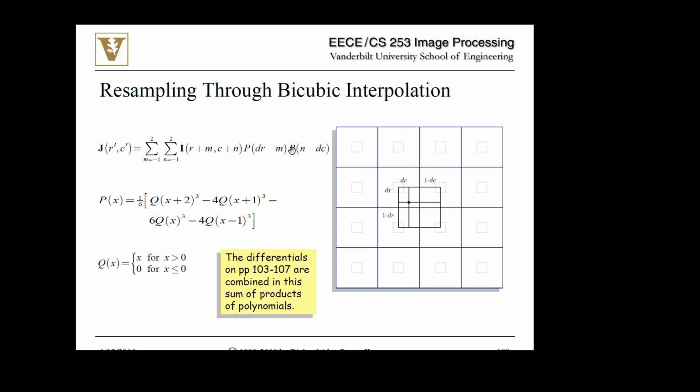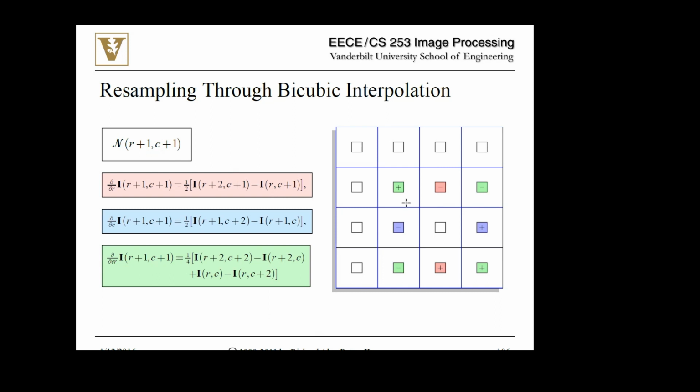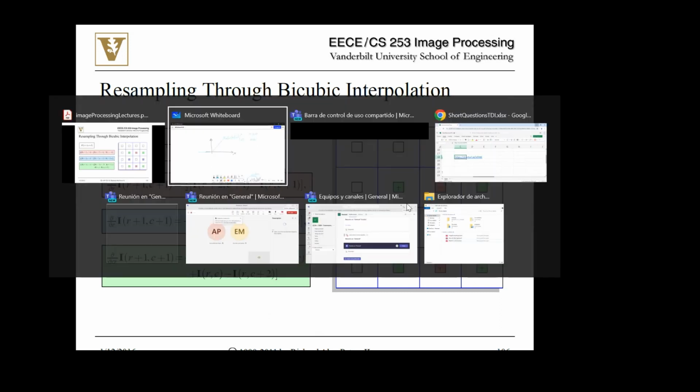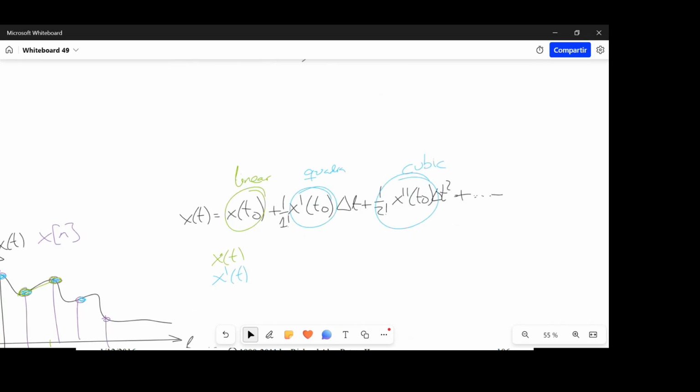And then these m and n are indexes, where these pixels are with respect to this one. So a bit more complicated, but the main idea is that it allows us to estimate derivatives, and these derivatives are connected to the Taylor expansion.